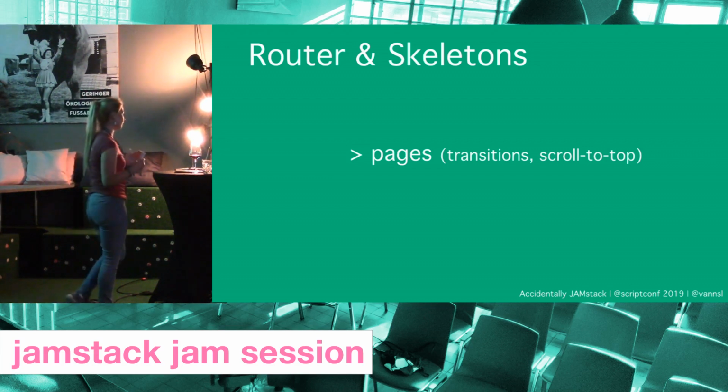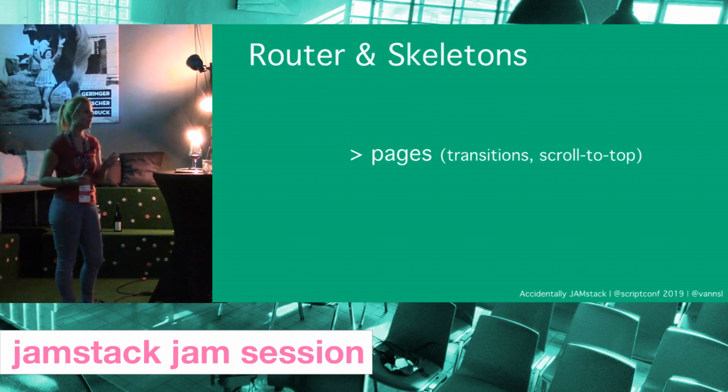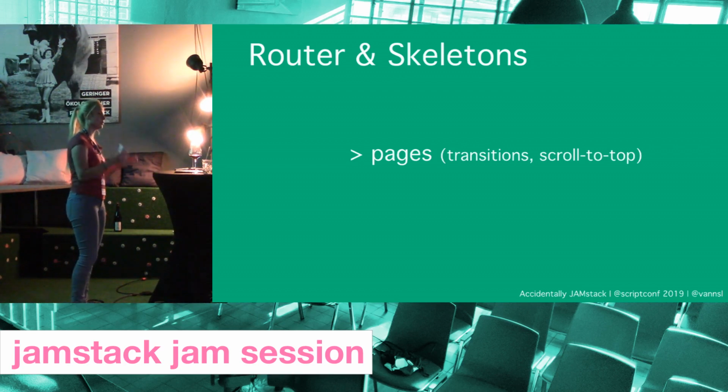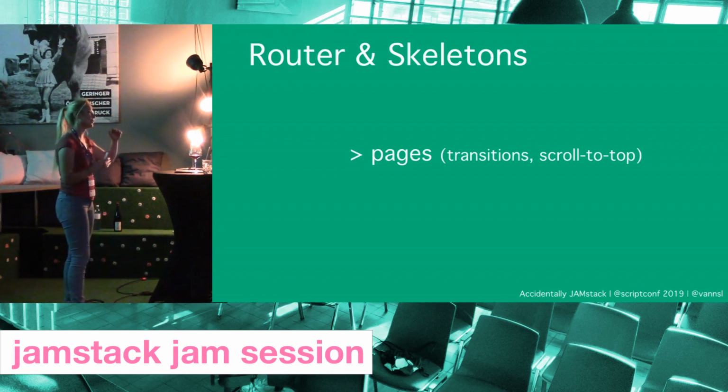So all of the router configuration is done for you. The router configuration is not complicated, but it costs time. So if you don't have time, you don't want to think about going to your router.js file, importing the file, maybe some dynamic file where you have to write some functions, and then adding it to an object or anything else.